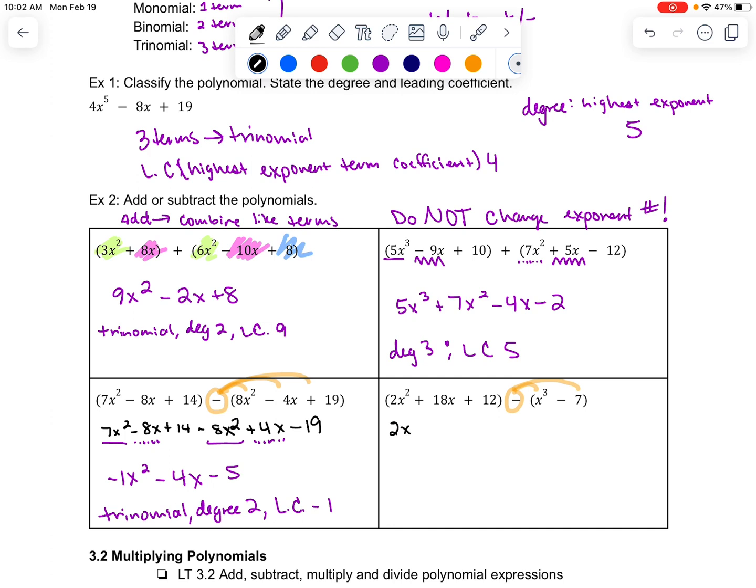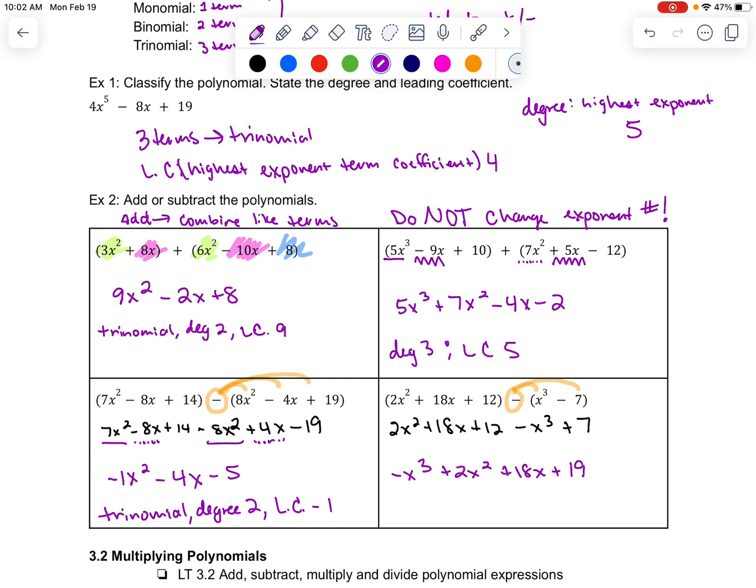So I'm just going to drop down the first parenthesis, and then the second one, I change my signs. Now I just combine my like terms. So negative x cubed plus 2x squared plus 18x plus 19. So there really wasn't a whole lot to combine there, but that's okay.